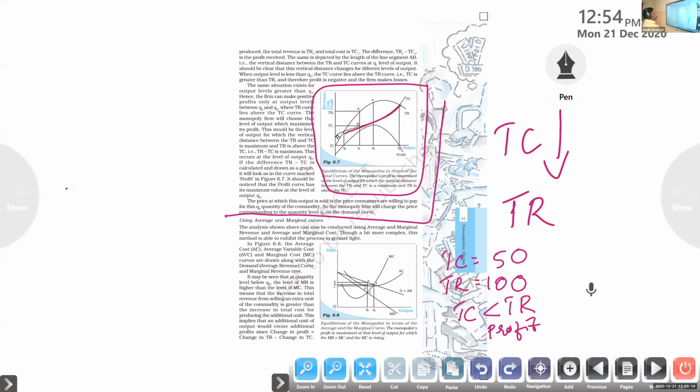And a monopolistic firm will always choose the quantity that produces the maximum profit, not more or less than that. Yes or no? Are these ideas clear or not?